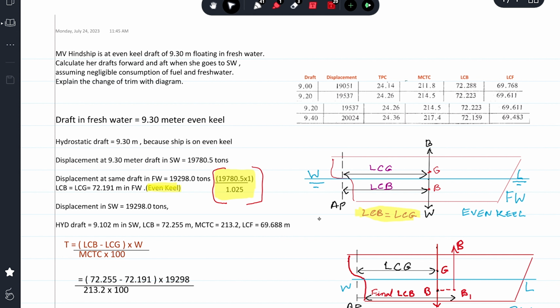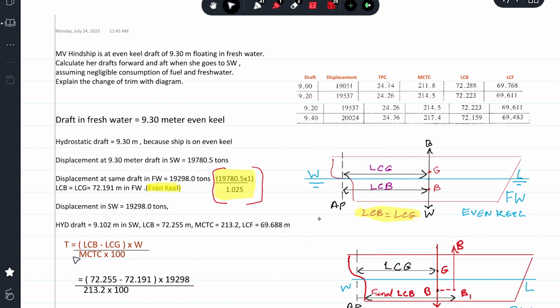So all from this extract here. Interpolating, either you interpolate for the displacement, which is 19298, or you interpolate for the hydrostatic draft, which is 9.102 against that displacement. You will get the same values.